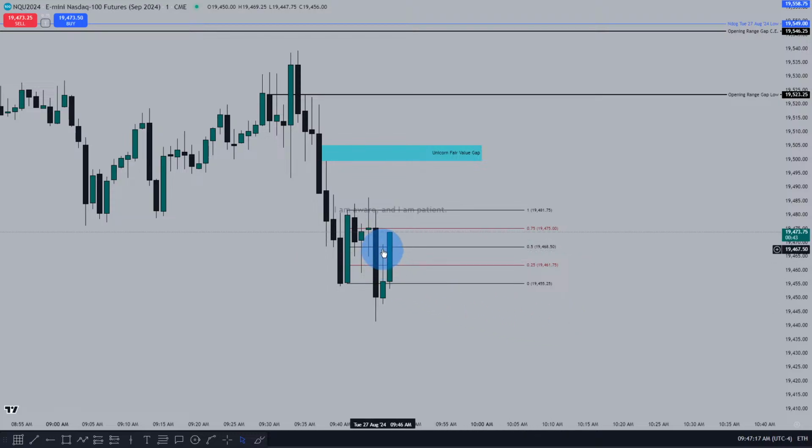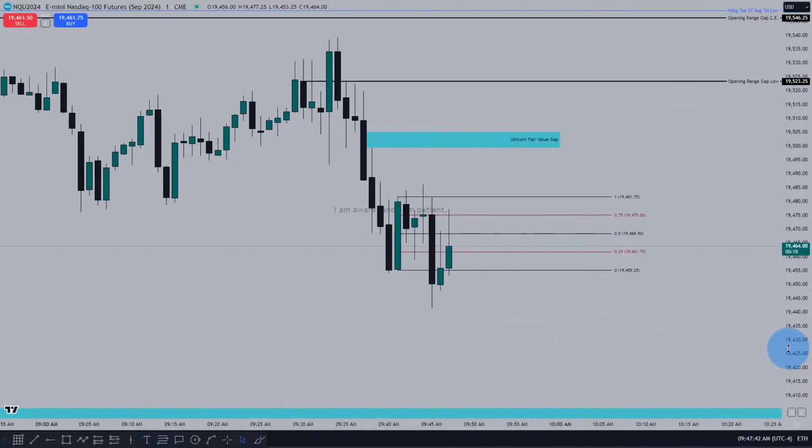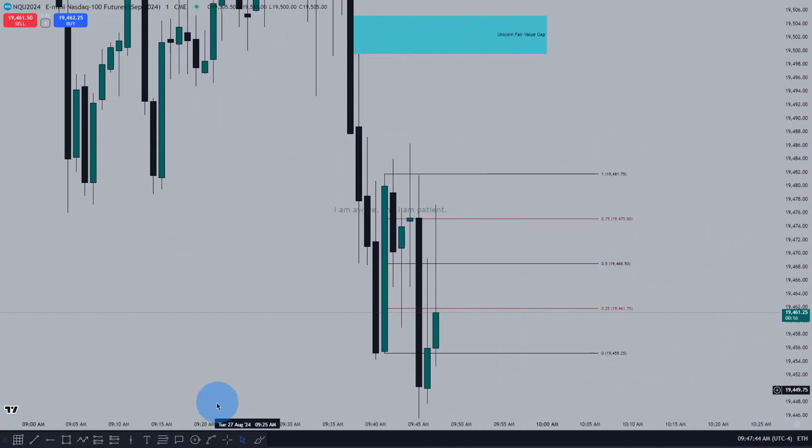Previous wick failed to close above that, which is now reaching into the third quadrant, sorry. No, that is the fourth quadrant actually. Getting lower from there. There's an inversion volume imbalance.